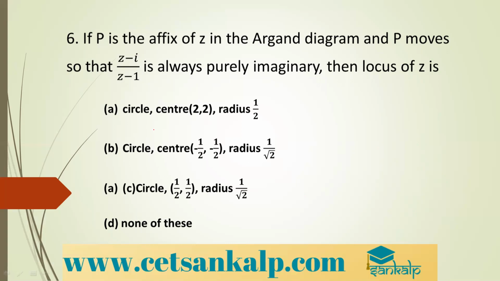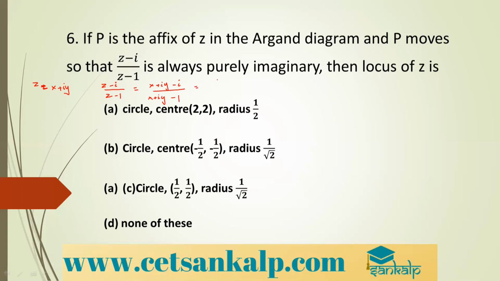So first of all, we will take z as some complex number, z equal to x plus iy. So they gave us z minus i by z minus 1. For z I will write x plus iy minus i in the numerator, and for z I will write x plus iy minus 1 in the denominator.